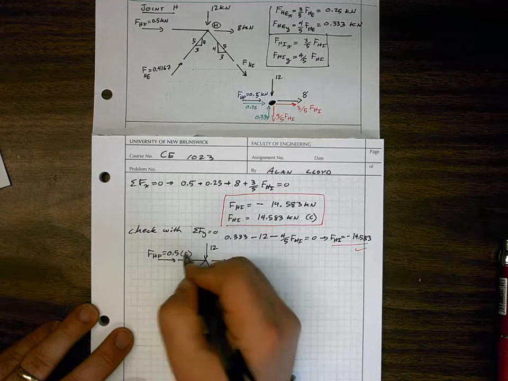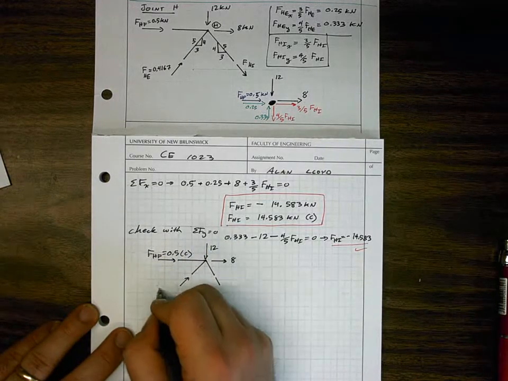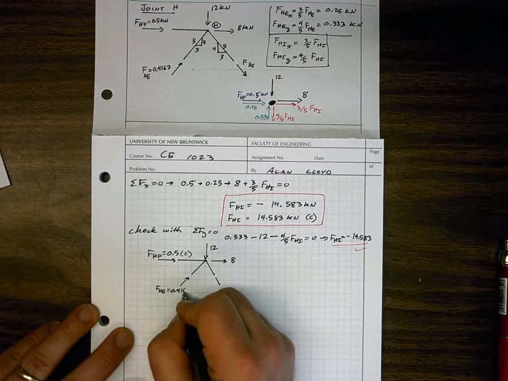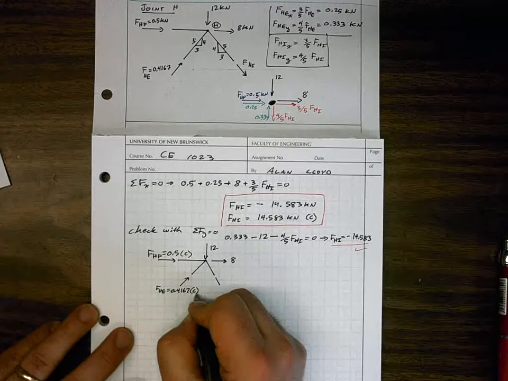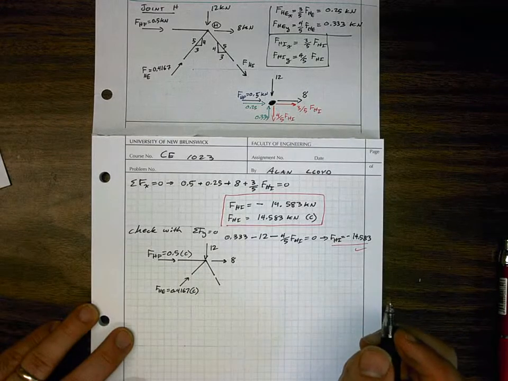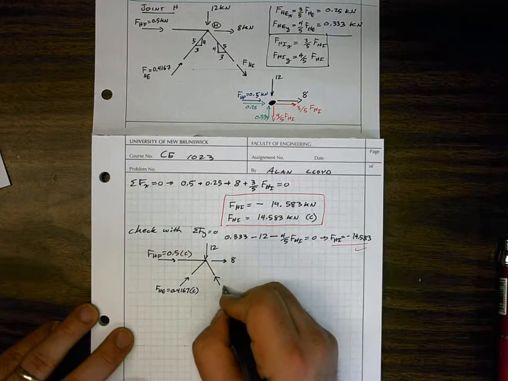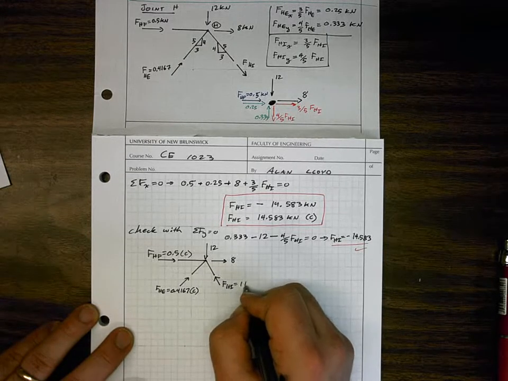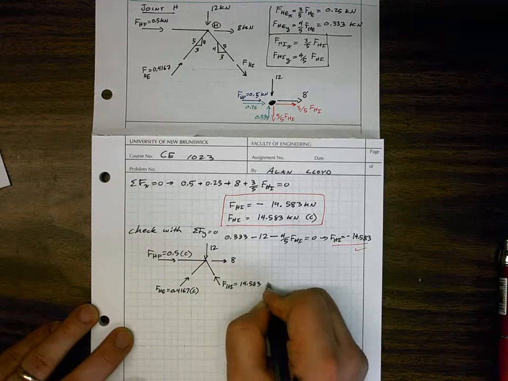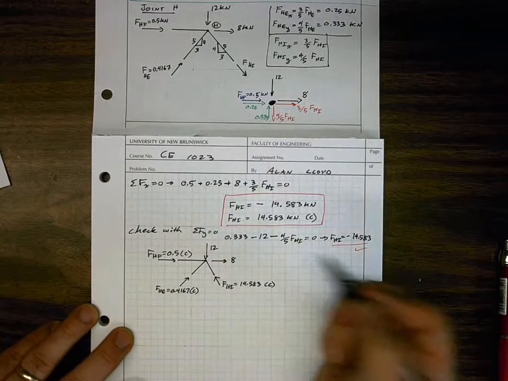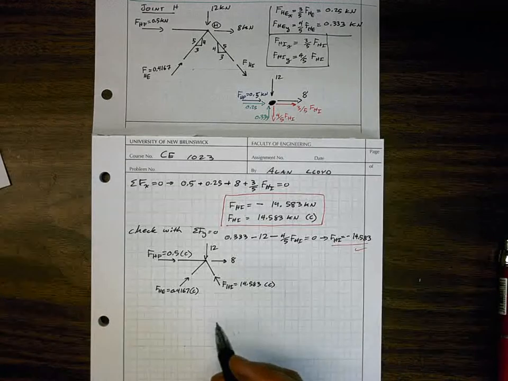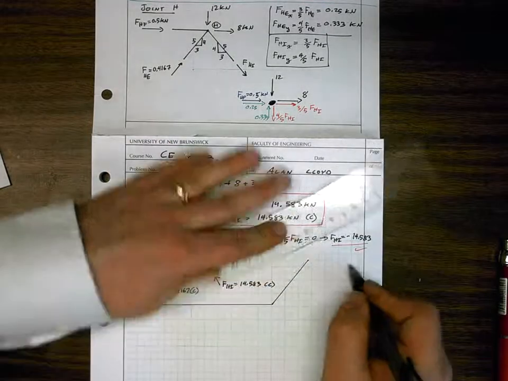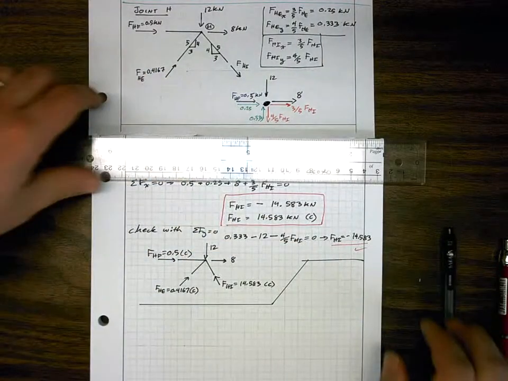We have FHE is equal to 0.4167 in compression. We have FHI is equal to 14.583 in compression, and our external forces. Now we're ready to look at our problem again, and let's see what we know and what we don't know.